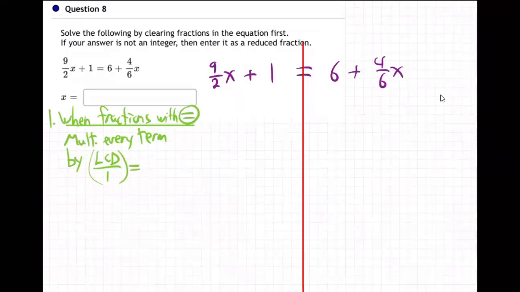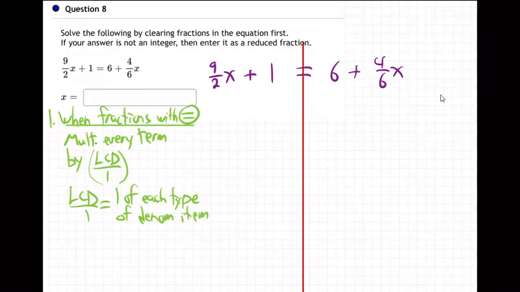The LCD over 1 equals 1 of each type of denominator item over 1.